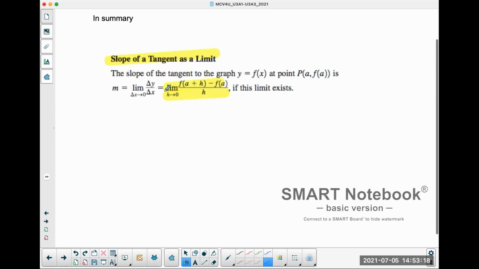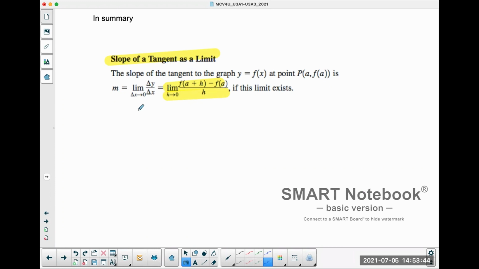So we have to write it like this. LIM stands for the limit. So the limit as h approaches 0. This is really the slope of secant, f at a plus h minus f at a divided by x2 minus x1, which is just h. So this is referred to as the slope of the tangent in the format of a limit.